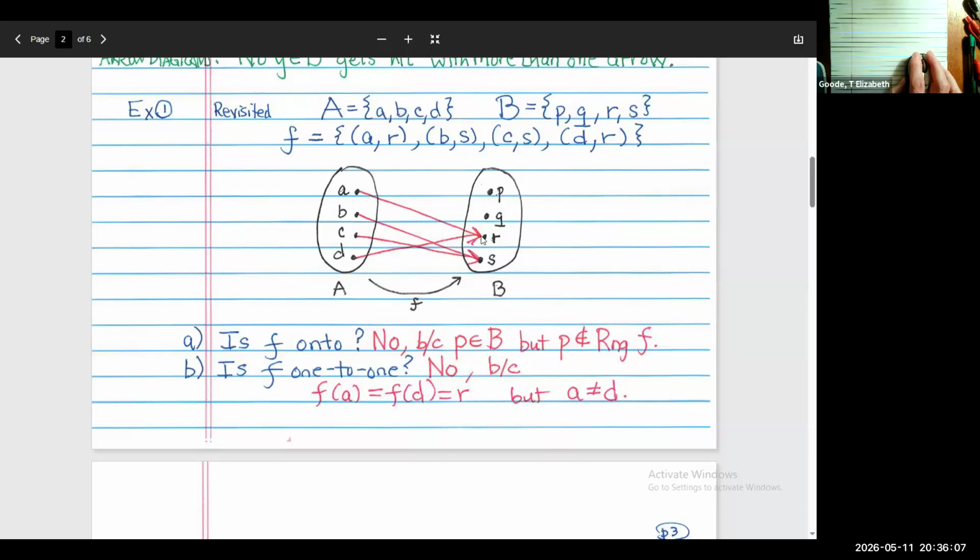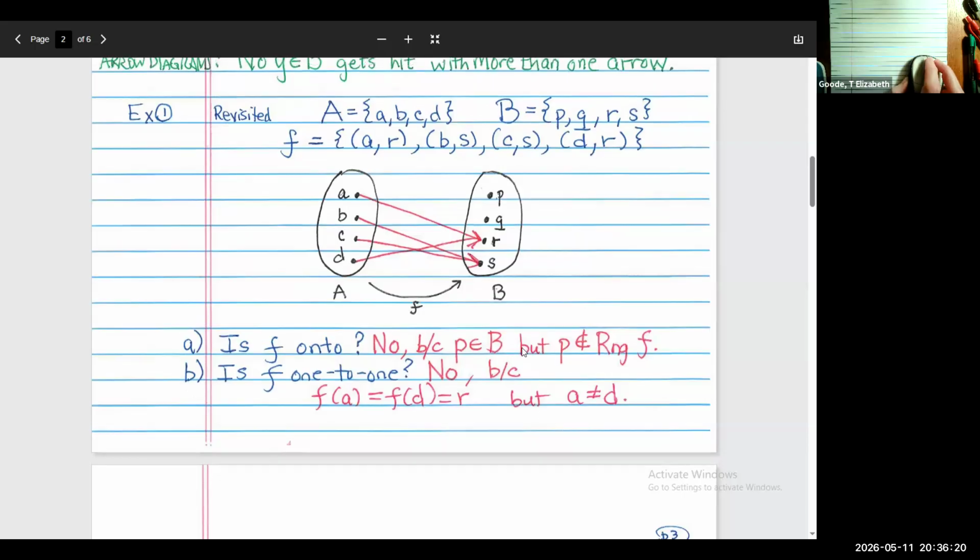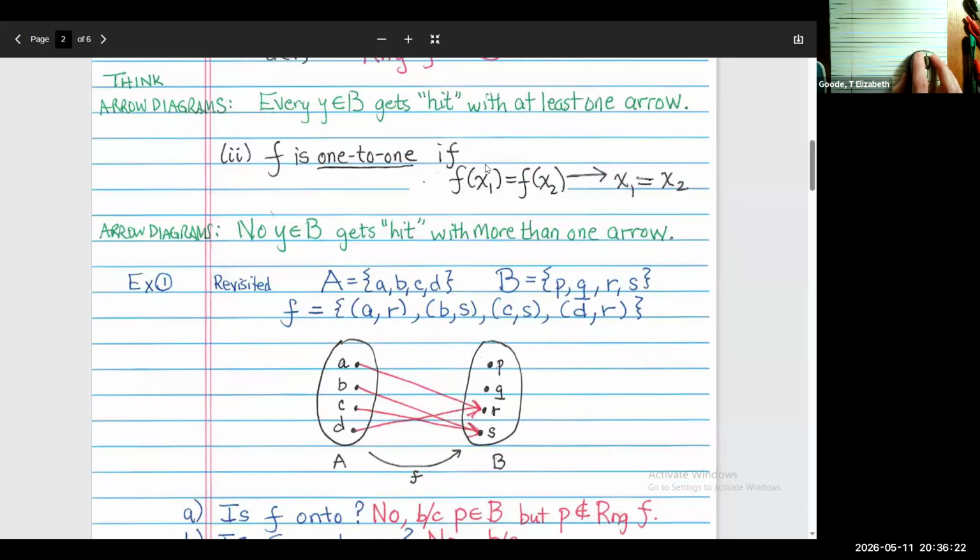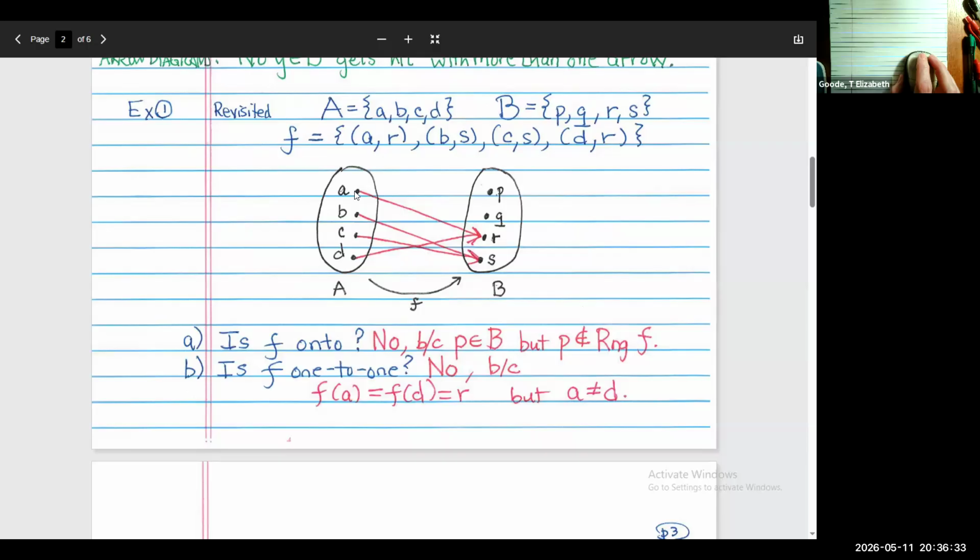See, A maps to R, D also maps to R, so f of A equals f of D because they're both equal to R, but A isn't equal to D. So f of A, so x1 is like our A, is equal to f of d, x2 is our d, but this requirement that A has to equal D isn't true because A is not the same point as D. So one-to-one means each of these can have at most one arrow hitting it.